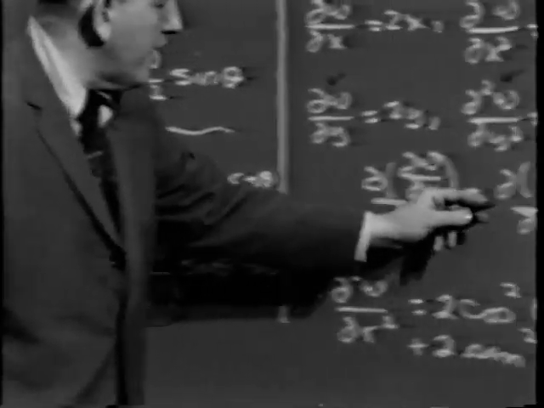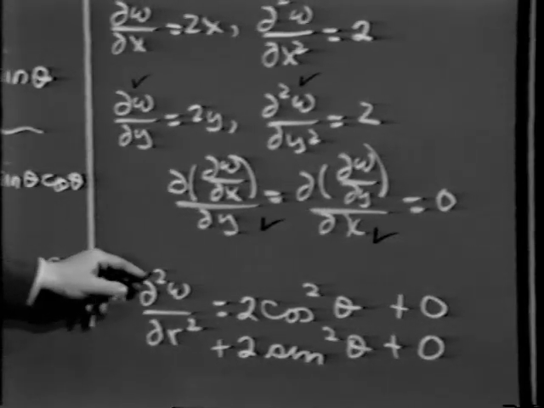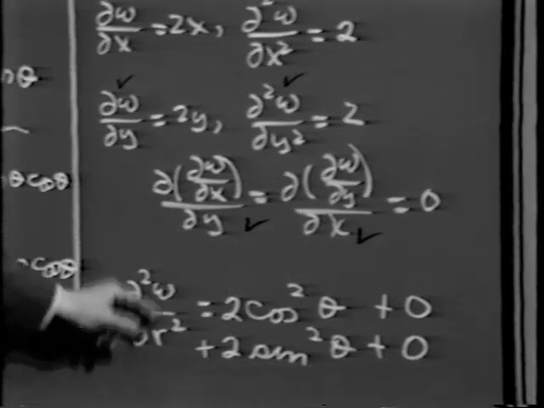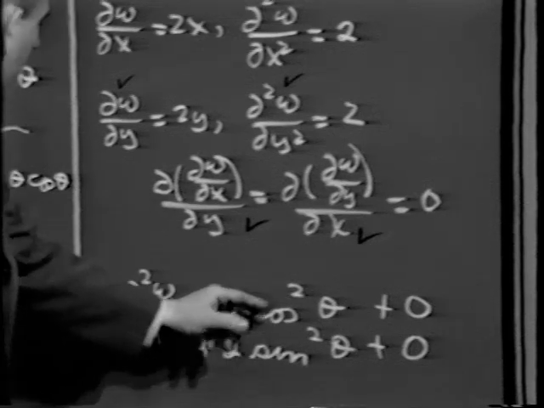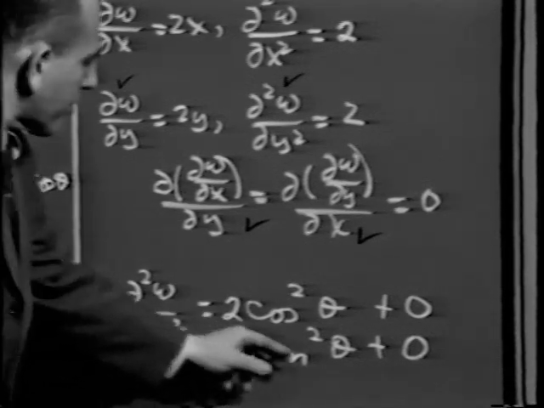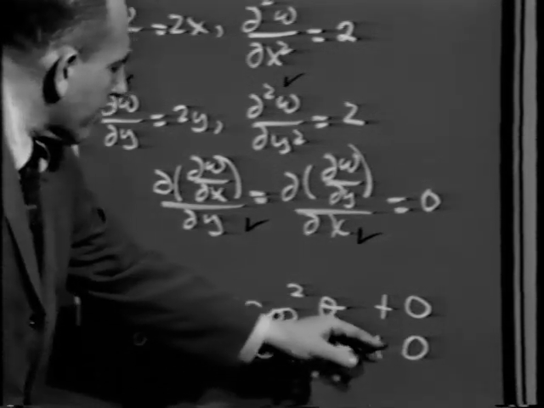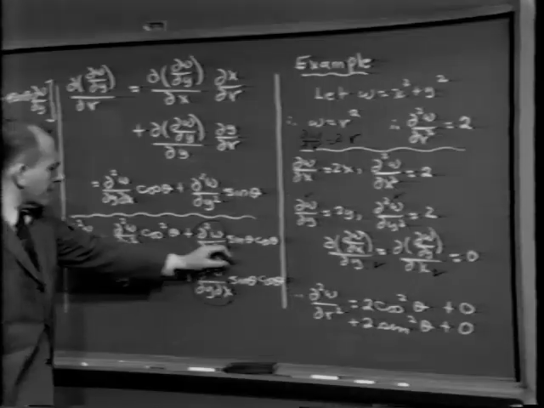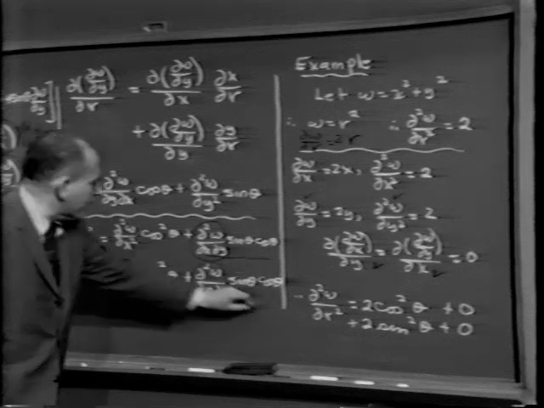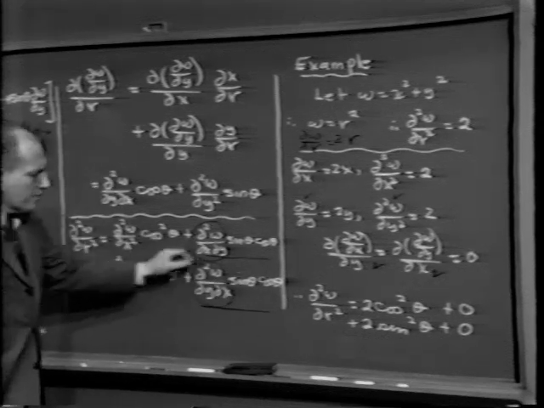That's what we saw over here. So consequently, according to this recipe, the second partial of w with respect to r is 2 cosine squared theta plus 0 plus 2 sine squared theta plus 0, where the reason that I've written these zeros in is simply so that when you're looking at your notes later, that traces the analog of these terms over here.